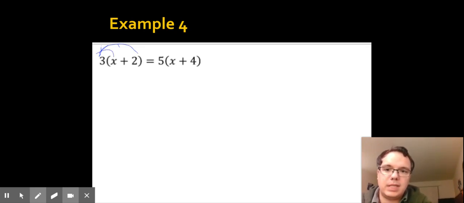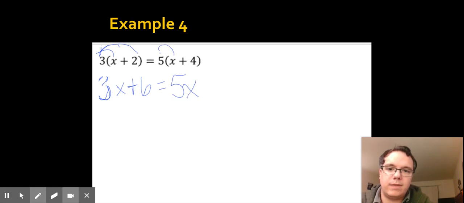So 3 times x is 3x. And 3 times 2 is 6. On the right side, if I take 5 times x, I get 5x. And if I take 5 times 4, I get 20.